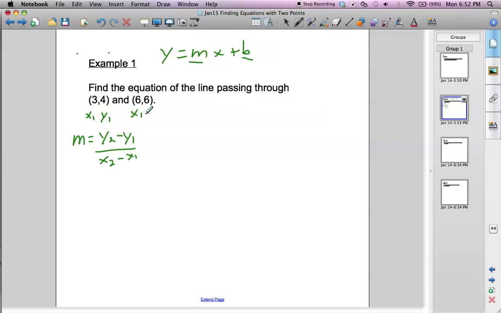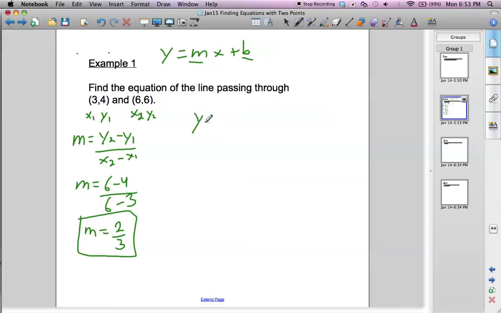If I let this be x1 y1, x2 y2, then I can find the slope by subtracting the y's, 6 minus 4 divided by 6 minus 3. And that gives me 2/3. So we're halfway there. We have the slope, and we can now write y equals 2/3 x plus b.